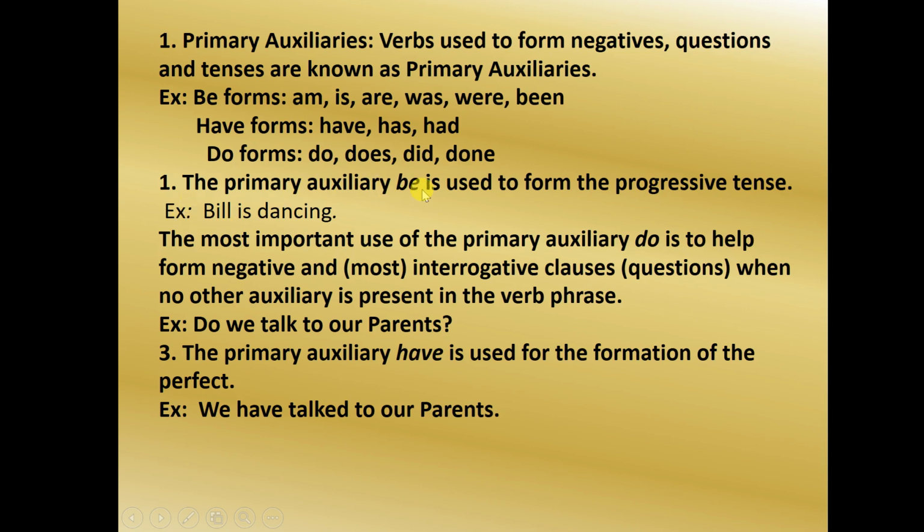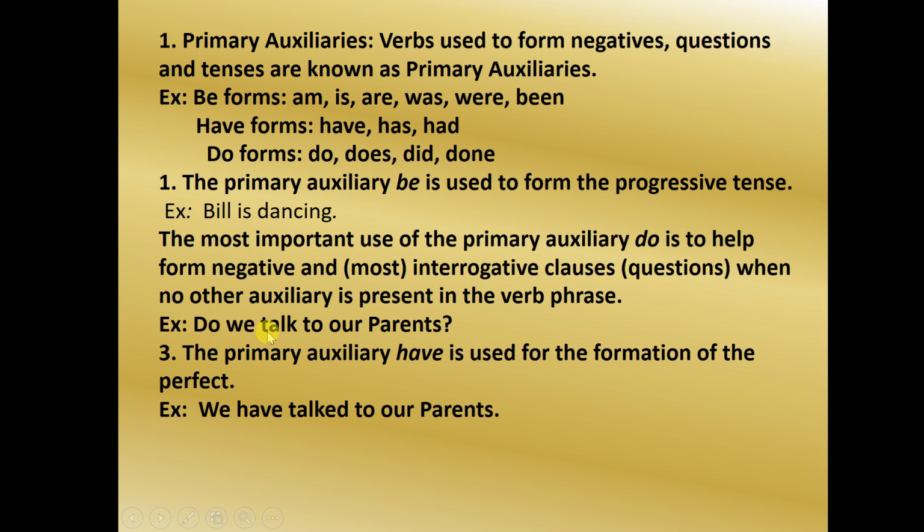The primary auxiliary be is used to form the progressive tense. Example, Bill is dancing. The most important use of the primary auxiliary do is to help form negative and interrogative clauses when no other auxiliary is present in the verb phrase.